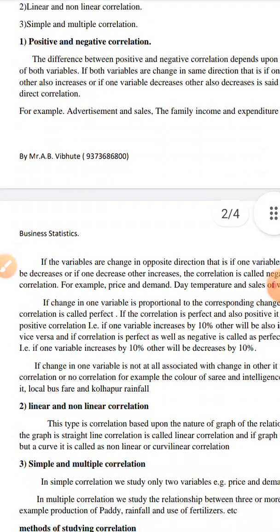As opposed to positive correlation, negative correlation consists of directions which are opposite to each other.